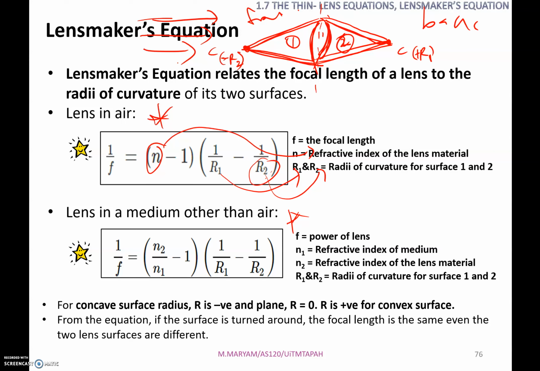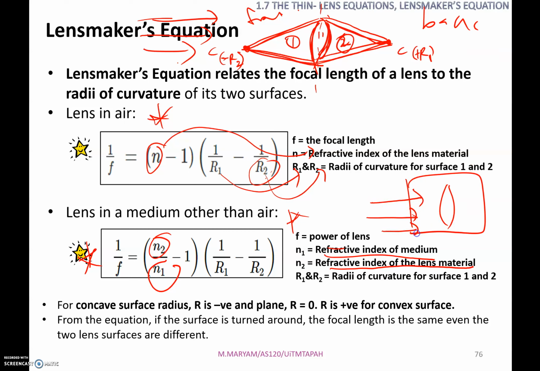If the lens is not in air, but in another medium, the equation will be 1/f = (n2/n1 - 1) times (1/R1 - 1/R2). n2 will be the refractive index of the lens material, whereas n1 will be the refractive index of the medium. So for example, if the lens is in oil, light hits the oil first, so this will be my n1, and it goes to the lens.